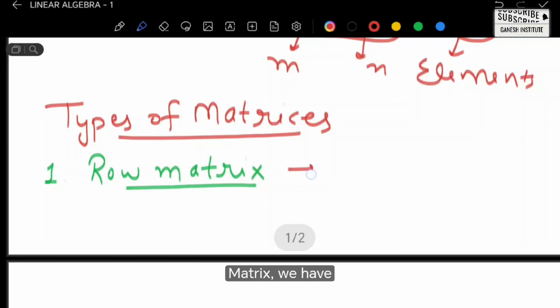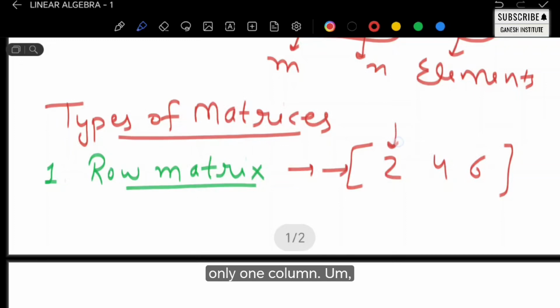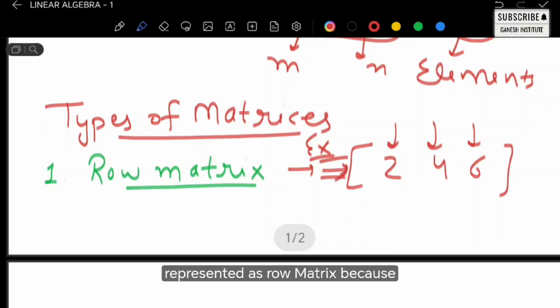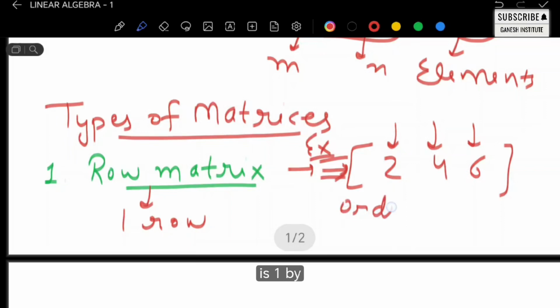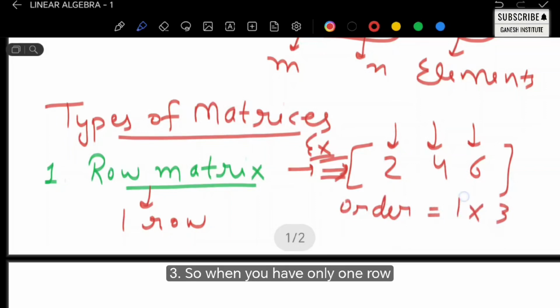In a row matrix, we have only one row. For example, here we have 1, 2, 3: 3 columns but only one row. So the order of this is 1 by 3. When you have only one row, it is a row matrix.